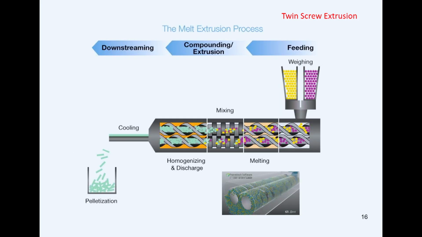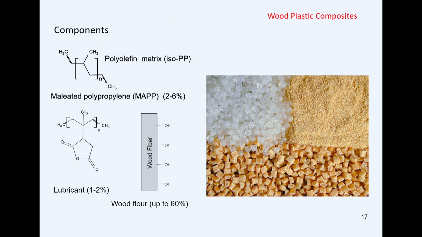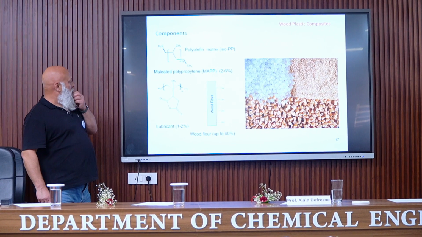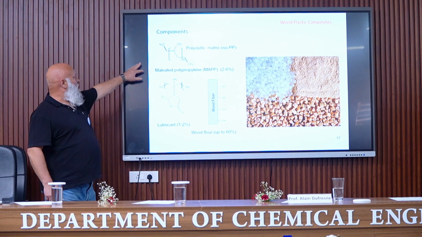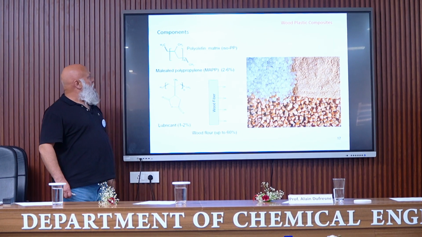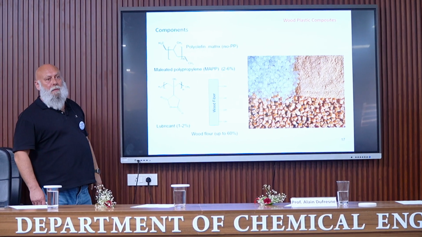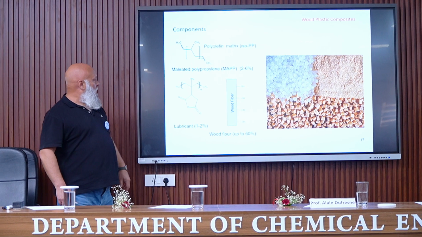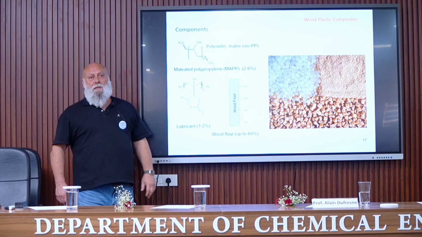Yes. So this is a specific family of biocomposite, which is called wood plastic composites. It consists of mainly three or four components, mainly three, let's say. The matrix, which is generally a polyolefin, so it can be polyethylene, polypropylene, but also PVC, is mixed with wood flour, up to 60%, so it's quite a high content.